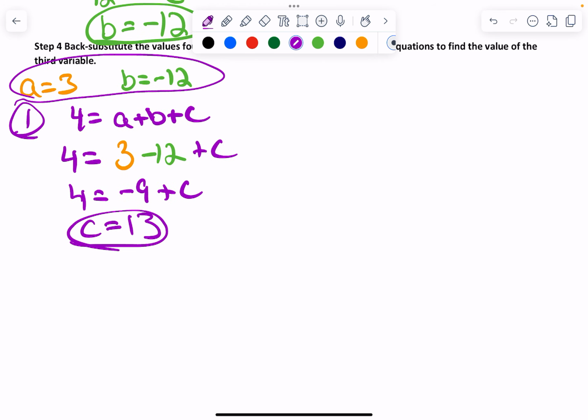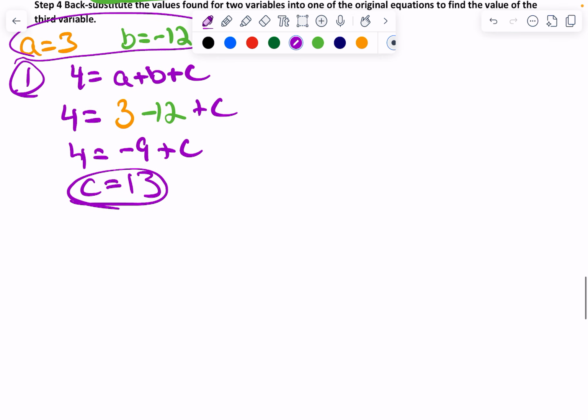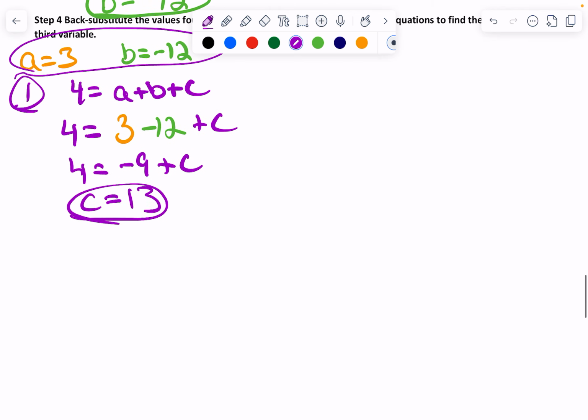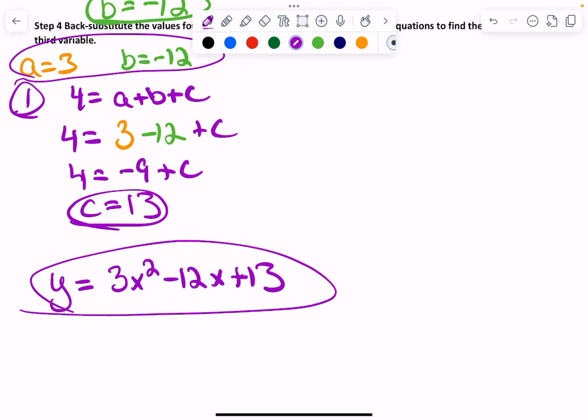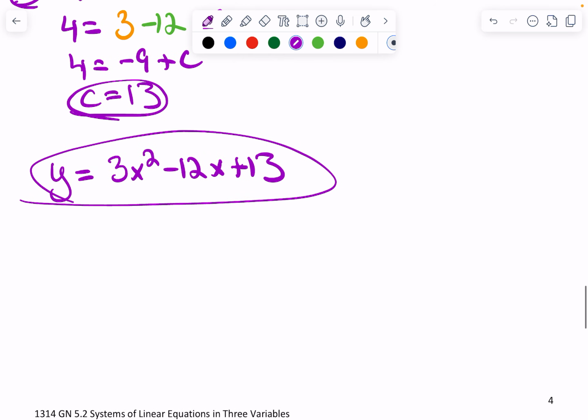So we're going to go ahead and write our quadratic equation. Y equals 3x squared minus 12x plus 13 right here. Now, again, our step number 5, which is actually not mentioned here, would be to check.